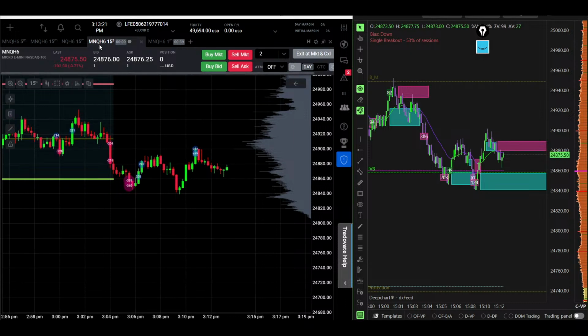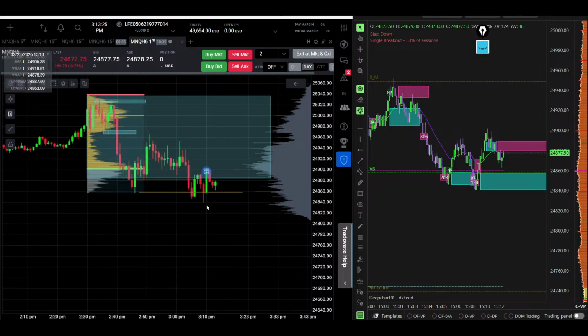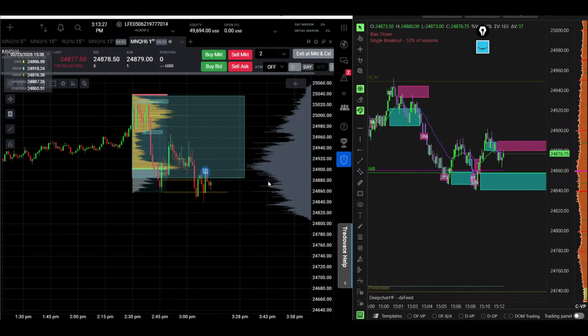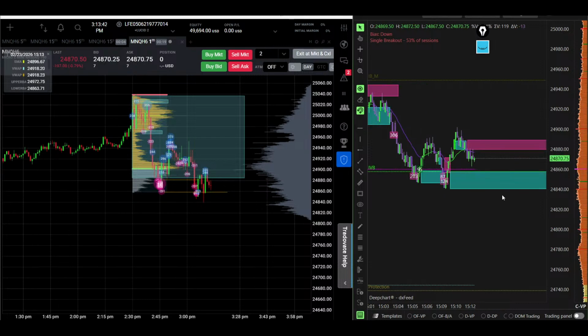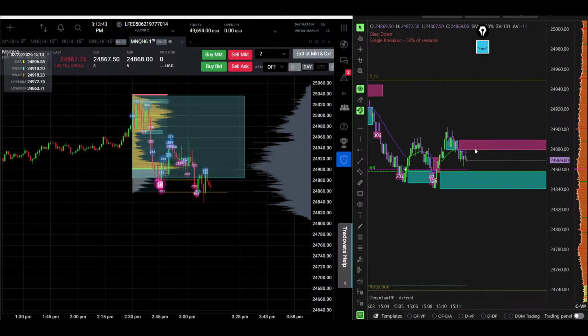On 1 minute it's more or less, it shows this absorption, yeah, but it doesn't show these buyers here. It does show this block, and these two blocks are now going to fight.